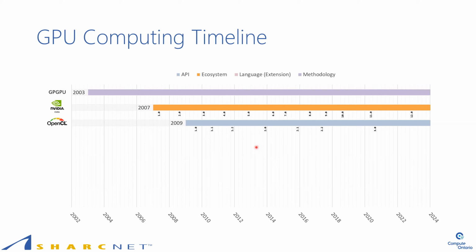Unlike CUDA, OpenCL can target other devices like CPUs and FPGAs in addition to GPUs, and that happens at runtime. And by doing that, heterogeneous computing was coined. Khronos Group is the working body that provisions OpenCL and its new versions.